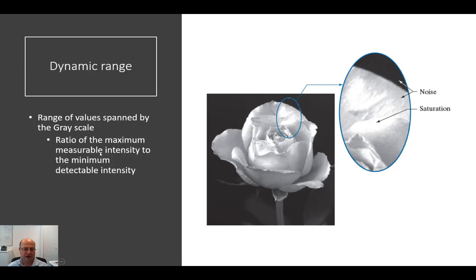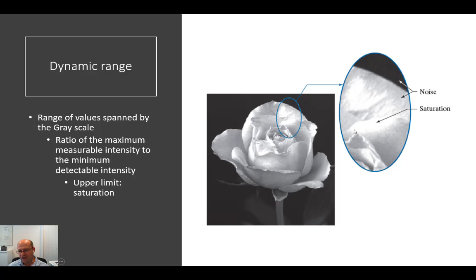It's represented as the ratio of the maximum measurable intensity, the top of our scale, to the minimum detectable intensity. The upper limit is saturation, right? So saturation is basically a portion of the image that has an intensity greater than the maximum measurable intensity level.